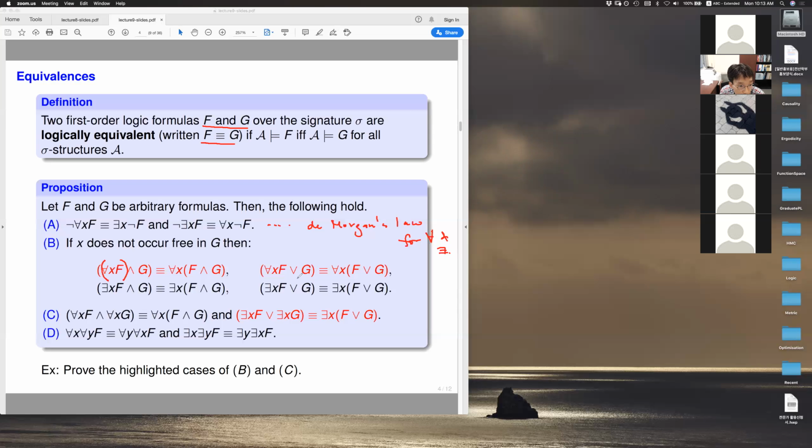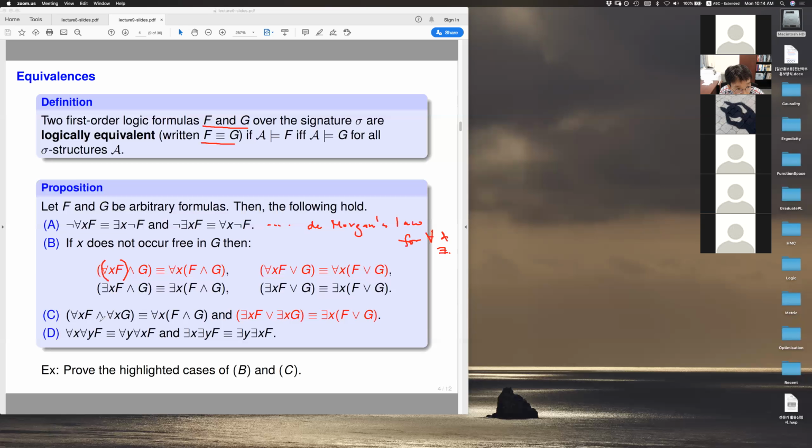That's equally okay for universal, existential, conjunction, and disjunction. So if you have a universal quantification like this, the conjunction can go inside, and the disjunction also can go inside, as long as G doesn't say anything about x. The same thing holds for the existential quantification.